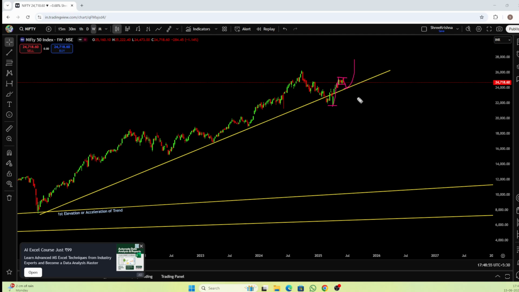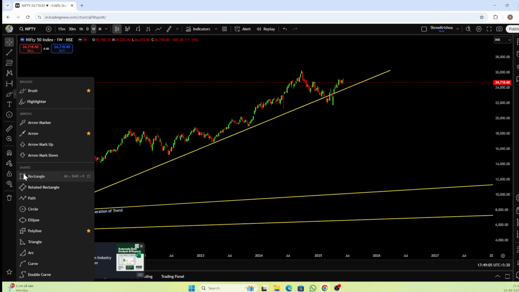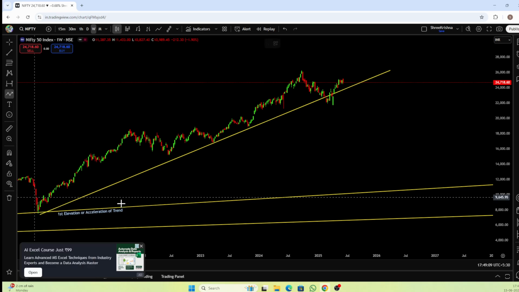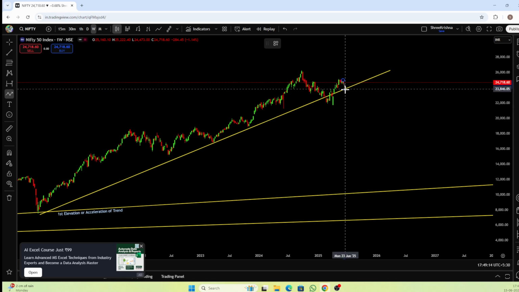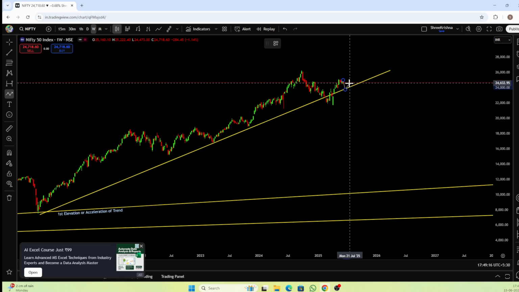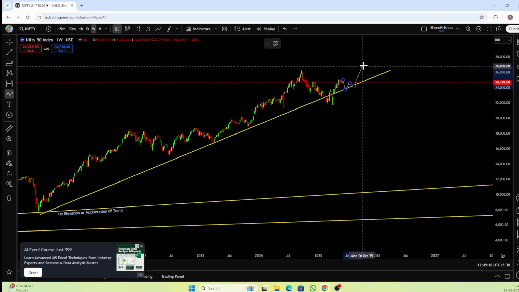So there is no liquidity question, so Nifty is always fluid. My first understanding is that if the price has to bounce, it has to bounce from this rising trend. It has to bounce like this.